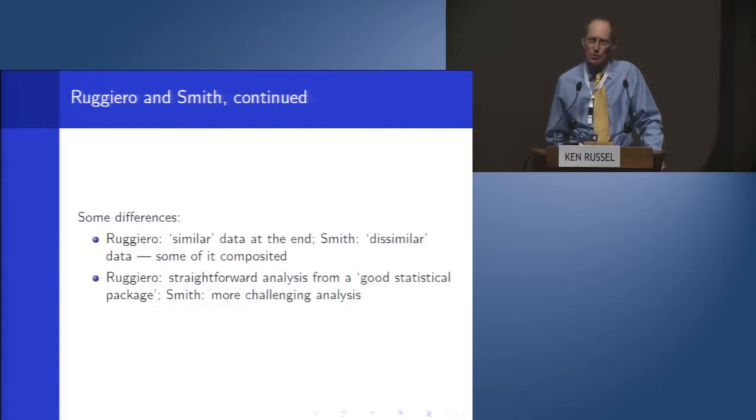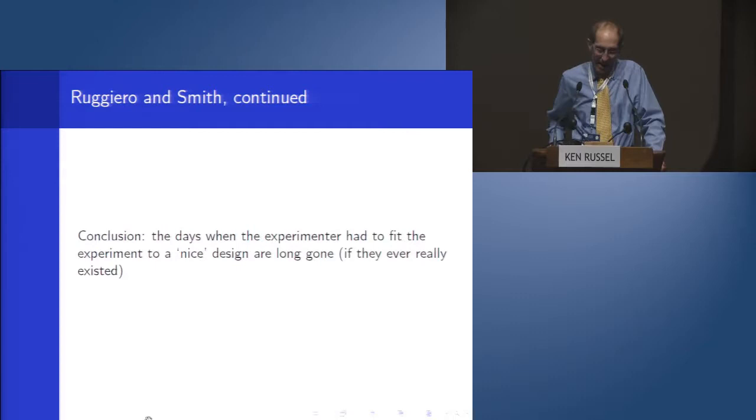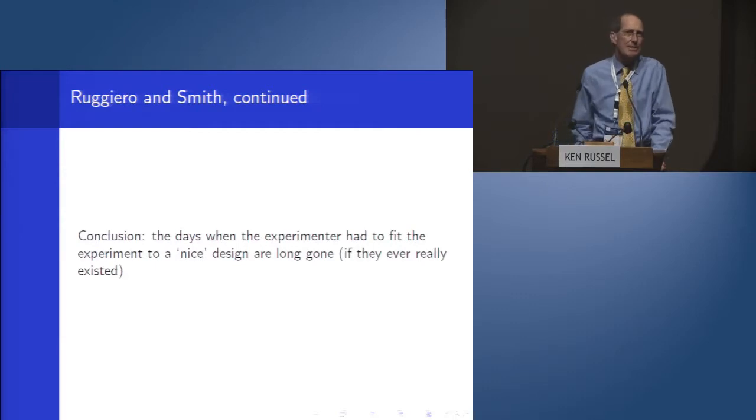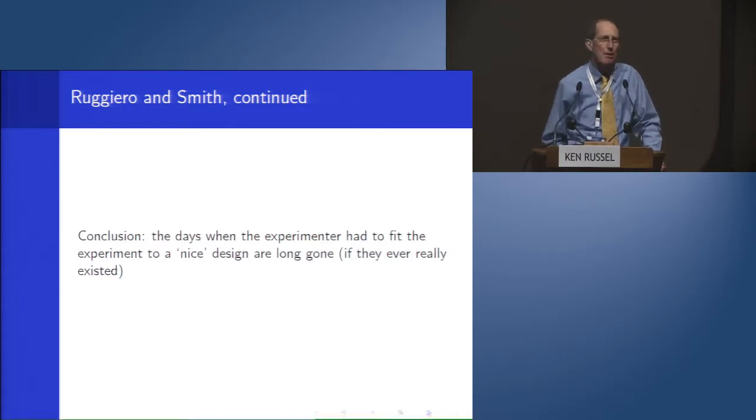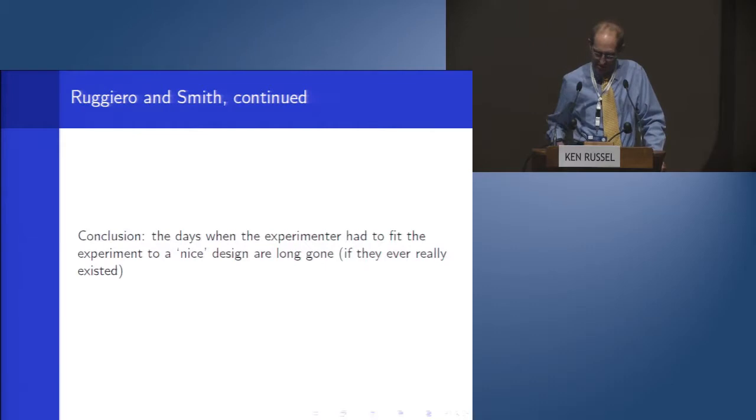Now, what you call a good statistical package may depend upon which continent you come from. Alison clearly had a more challenging analysis. But I think each of them demonstrate that if it were ever true that the experimenter had to mould the experiment to fit the design that the statistician could give them, then that's well and truly gone.